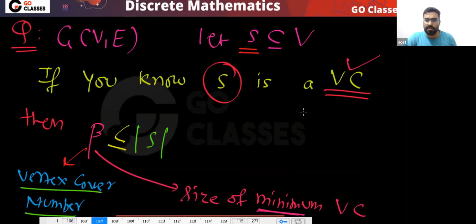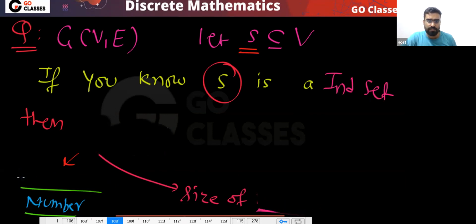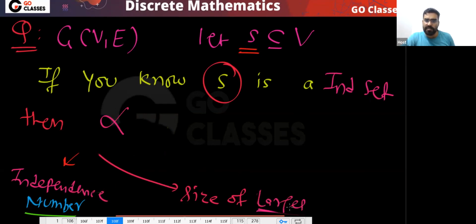So very simple. The same thing I can ask you for an independent set. If you know that S is an independent set, then what can you say about alpha? Alpha means the independence number, the size of the largest independent set.